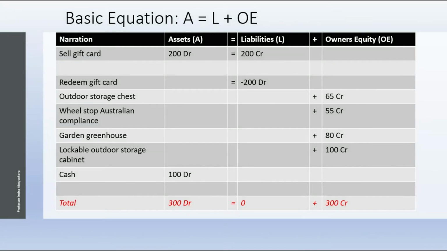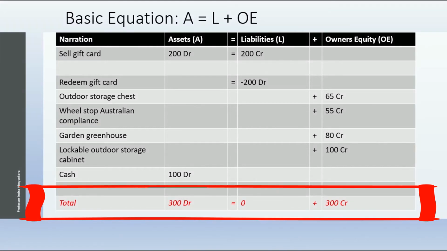Now that both sets of transactions have the left side and right side equal, when we total it up, it becomes 300 on the left side and 300 on the right side.